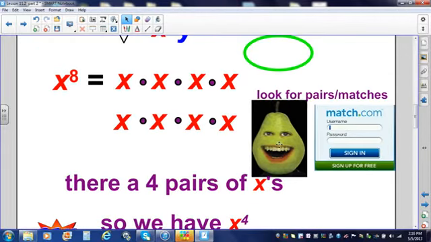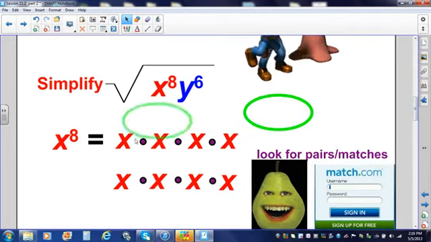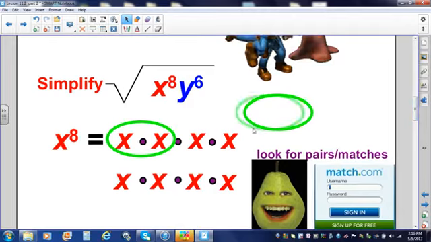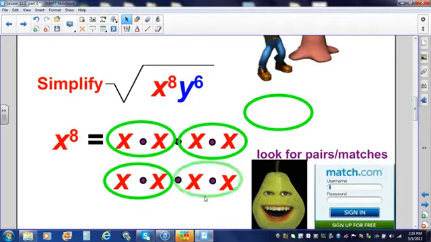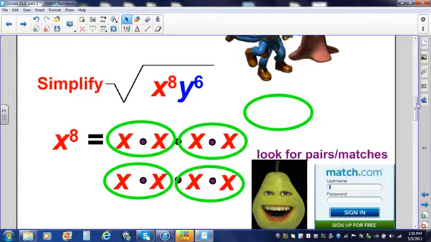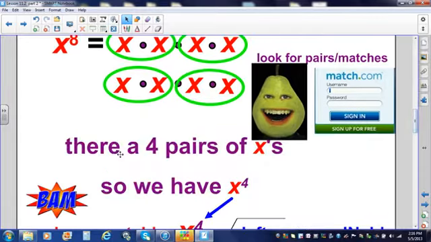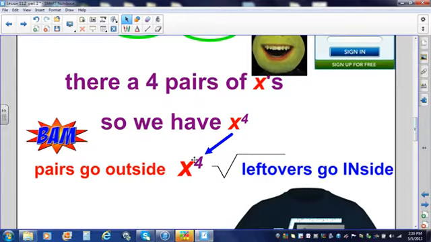No, not necessarily this pair. Matches. No, not that match. We're looking for things that are a pair of 2. So we have 1, 2, 3, 4 pairs of x's, so we have x to the 4th power.